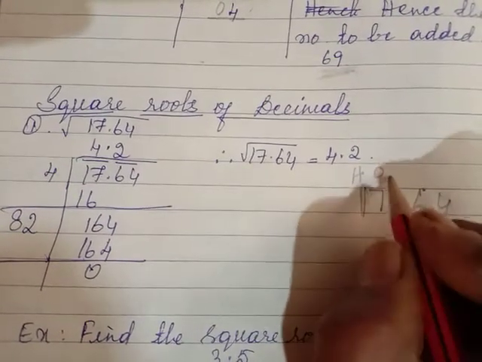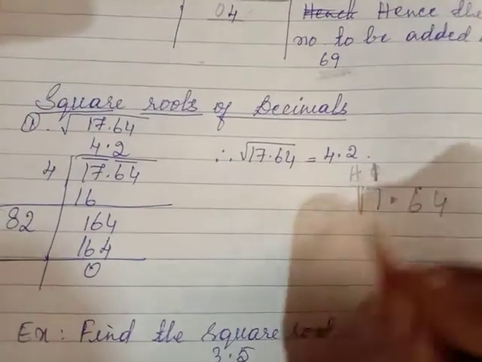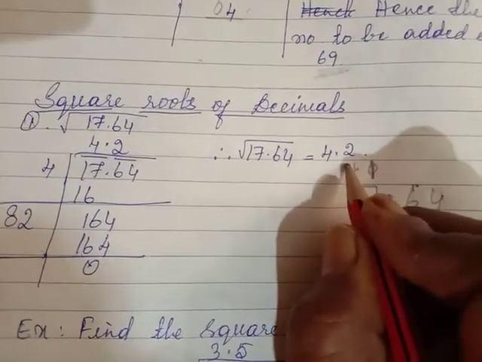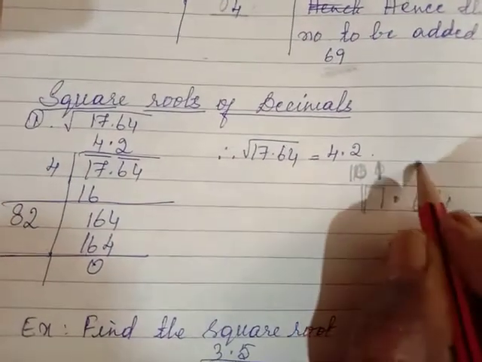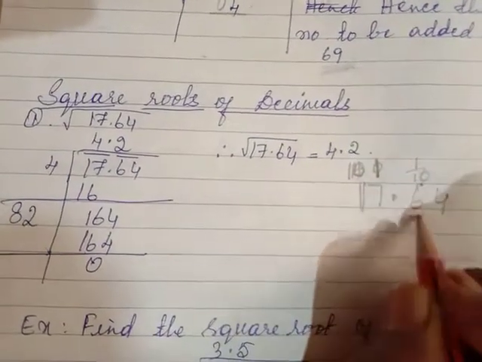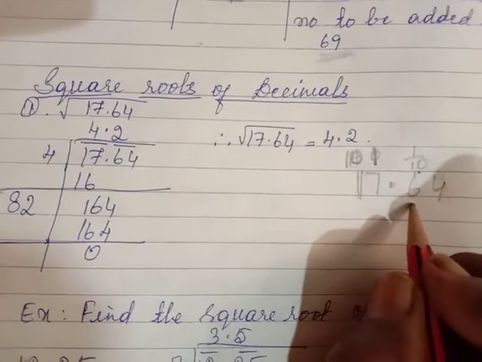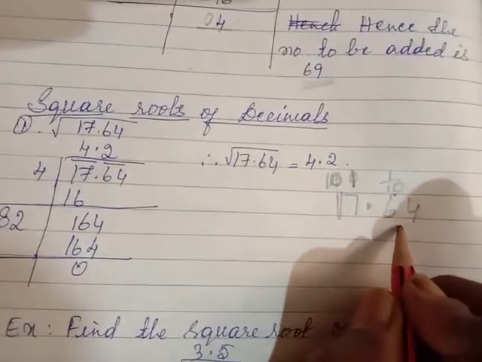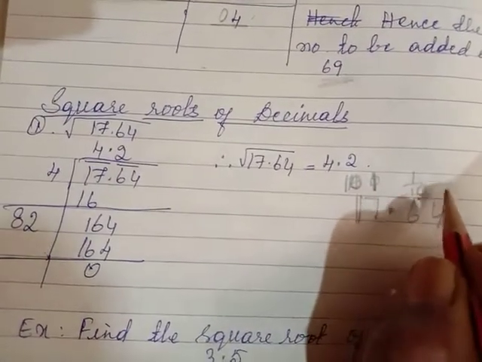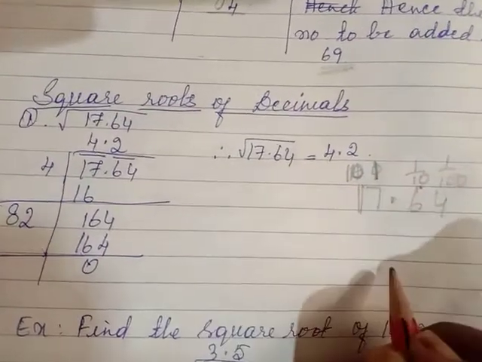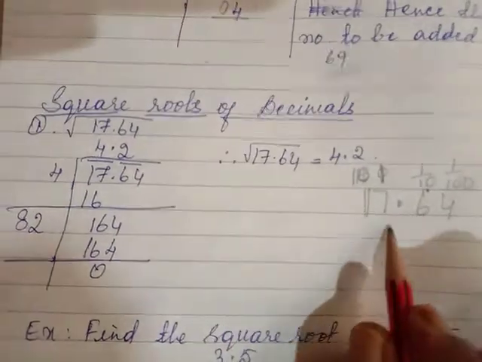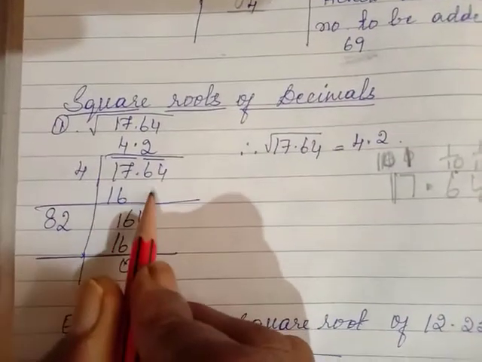Let us write this number. Ones place is 7, then the next is tens place, that is 10, correct? Then next here, 1/10, that is the tenths place. 6 is in the tenths place, 4 is in the hundredths place. Is it not, children? Yes or no? So like this only we have to group here.